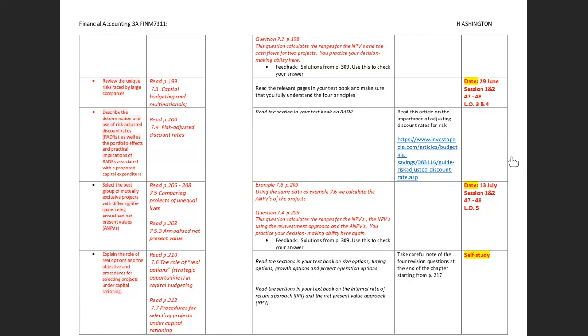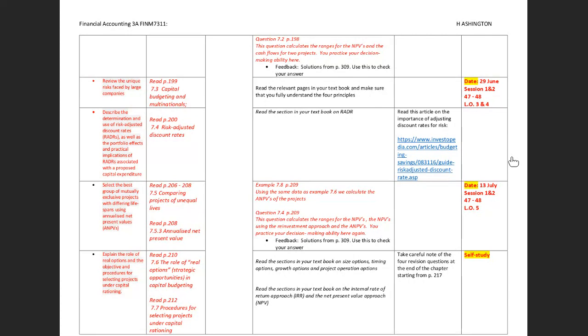Pardon the typing there, I'm just trying to do it quick. Okay, so risk-adjusted discount rates: we now go back to learning unit 3, bring our CAPM formula in, and we now use that to calculate a risk-adjusted discount rate.